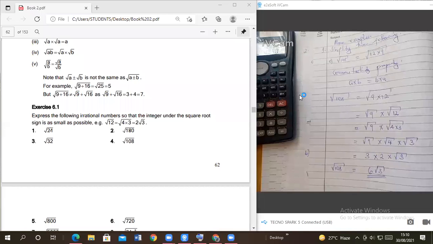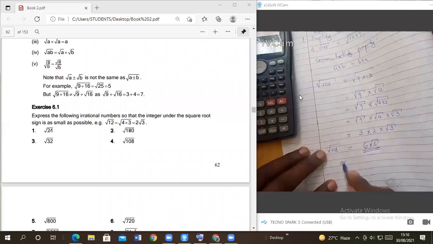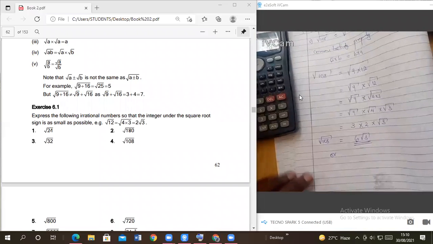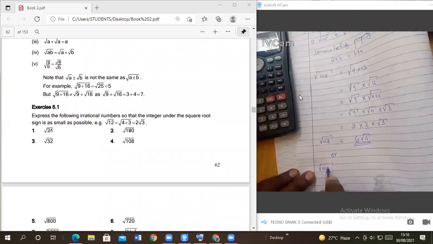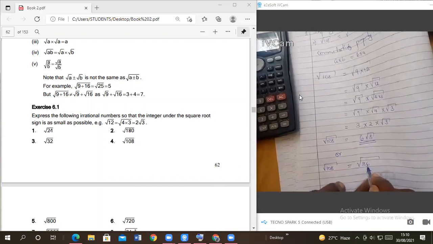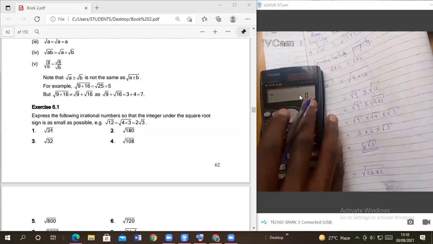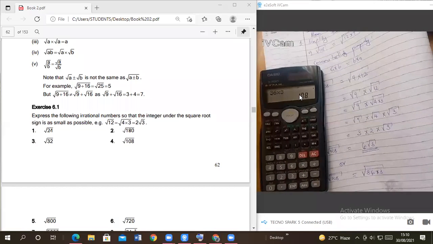Are you together, members? Alternatively, someone would have said root of 108 is the same as root of 36 times 3, because 36 times 3 gives you 108.